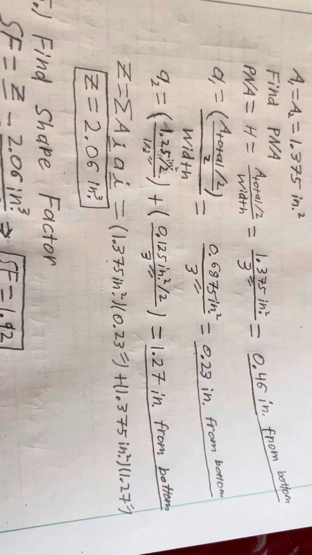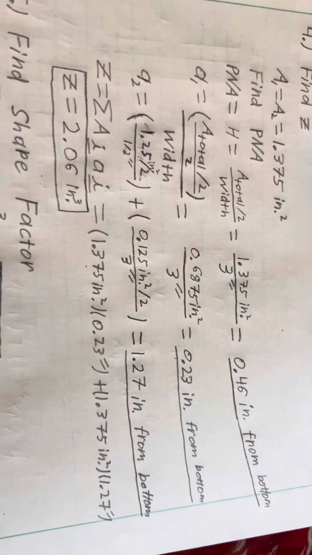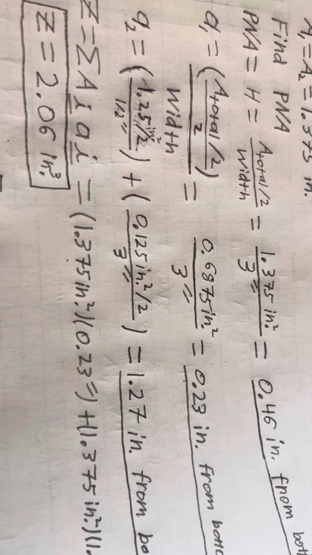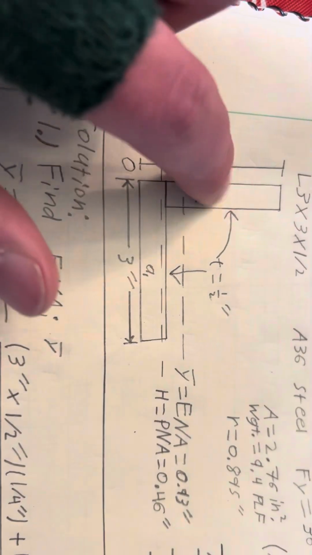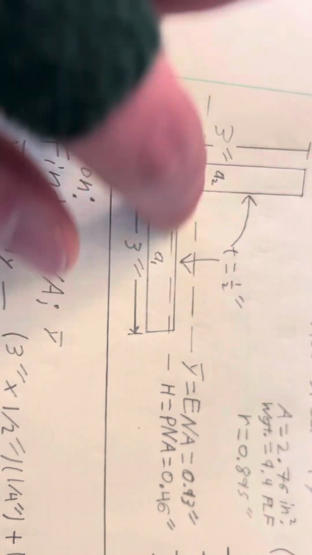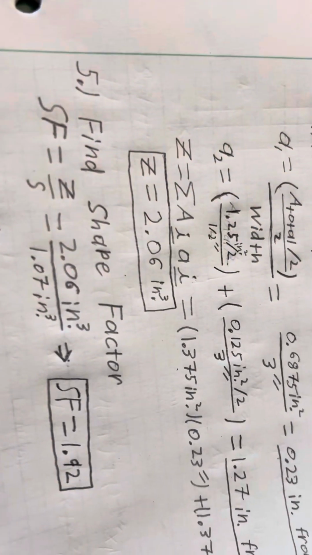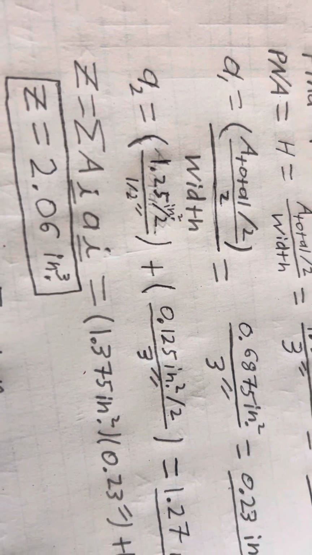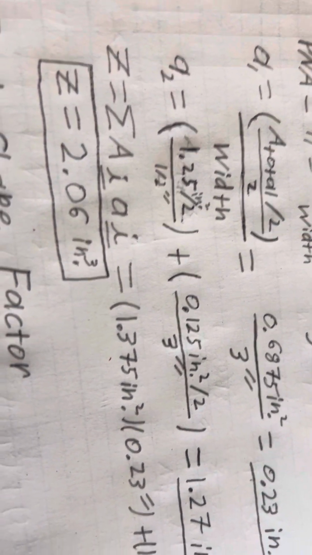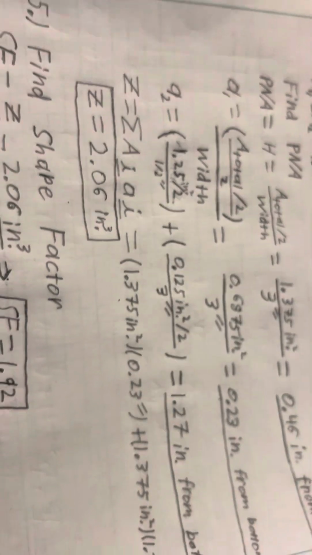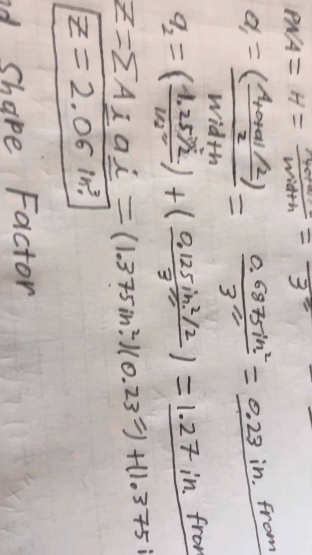And so now we get to A2. So A2 is a little bit more tricky because it involves taking the whole entire other piece here. But we also have just a tiny sliver of leftovers from this bottom rectangle. So the equation there is 1.25 inches squared over 2, which is the area of the top rectangle over 2. We're dividing it by its width of 1/2.